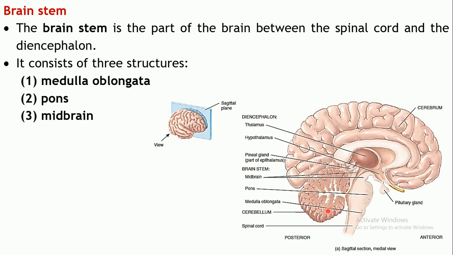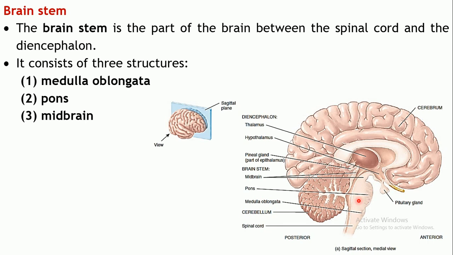The second part of the central nervous system is the brain, which is mainly divided into these four parts. The inferior part of the brain comprises the brain stem. It lies in between the spinal cord and the diencephalon. The diencephalon comprises the thalamus, hypothalamus, and epithalamus.